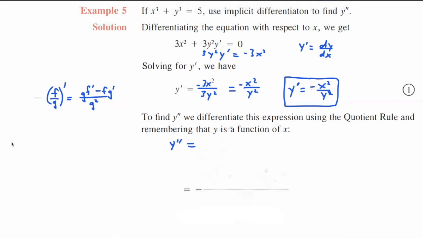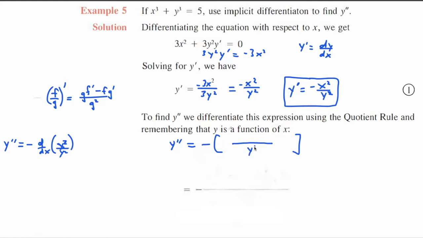So what we're doing is we can say that the y double prime will be equal to negative the d dx of x squared over y squared. So what we're doing is just taking the negative out. So we have negative, and then using the formula of the quotient rule, the y squared is going to be squared on the bottom.